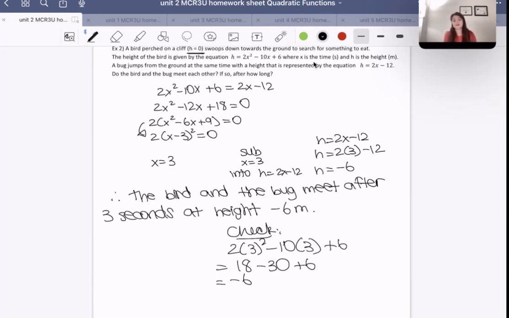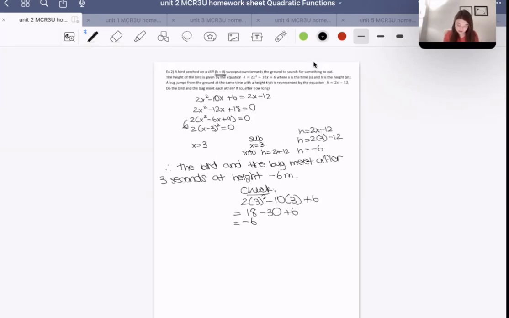It's two separate points for each equation. So that's an important thing to do. Good. Or if you wanted to be even more descriptive with the conclusion sentence, you could say the bird and the bug meet after 3 seconds at a height that is 6 meters below the top of the cliff, for example. All right, well, that is everything for the linear quadratic systems.